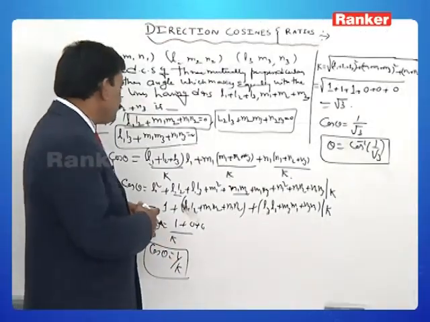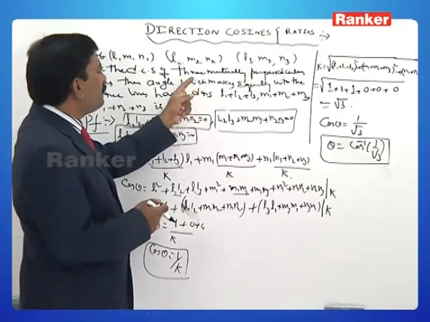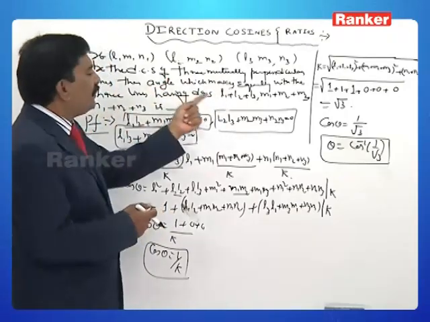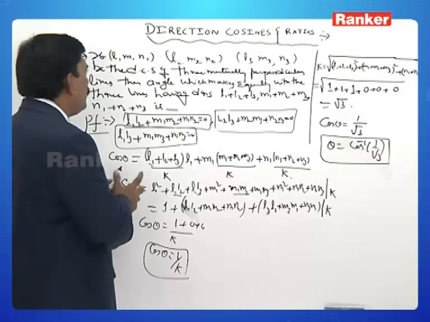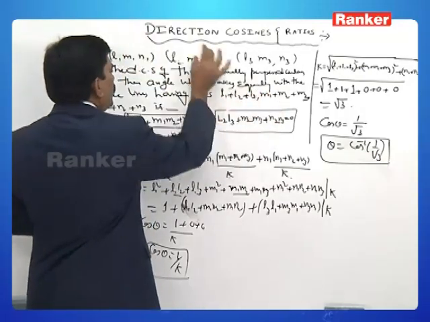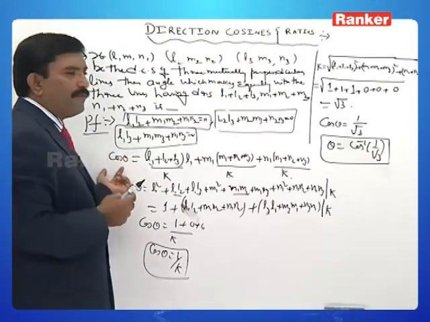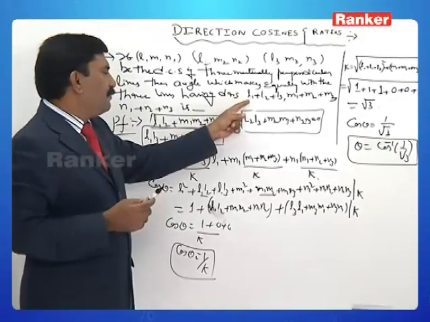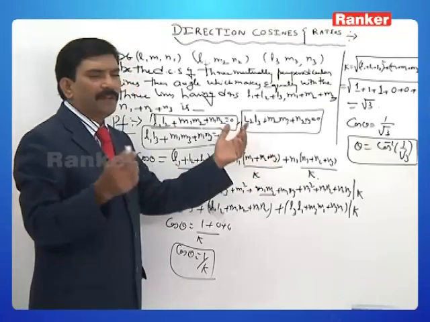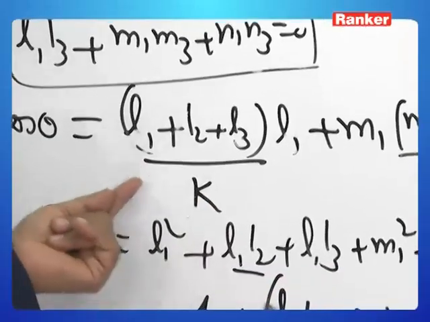Now coming to a line having the DRs which makes equal angles with the 3 lines, the angle between this line and this line, and this line, will be the same. So let us go for finding the angle between the required line and the first line L1, M1, N1. Or I will go for L2, M2, N2. Yes, you can go by that method also.